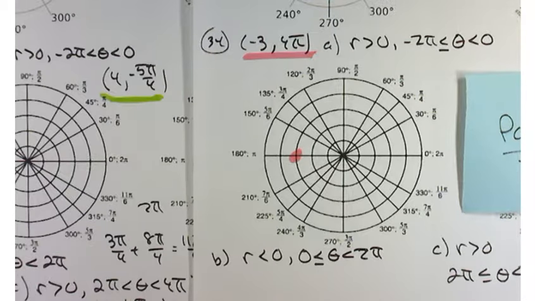Negative 3, but a positive angle. What's wrong? Because pi would take you here, negative 3 would take you over here. So part B is negative 3.